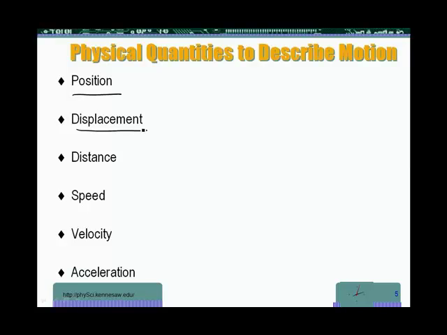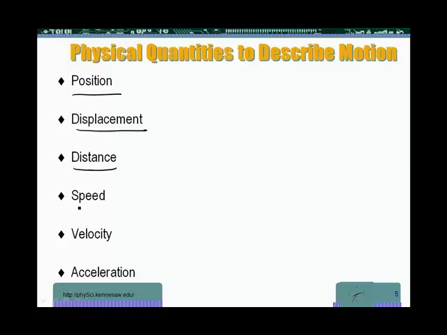Okay, we'll get back to the definitions of each of these terms, but displacement, which is the change in position, that's a way of describing motion. Commonly, we talk about distances. Okay, we'll have to figure out what's the difference between a distance and a displacement, but that's one of the things that we use to describe motion.